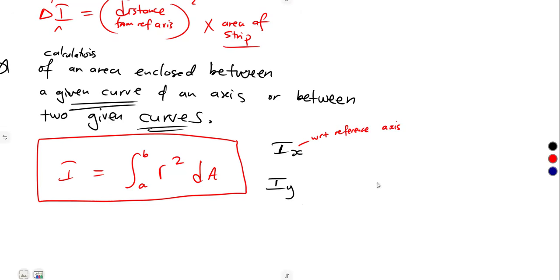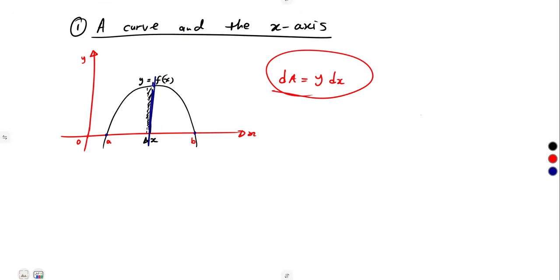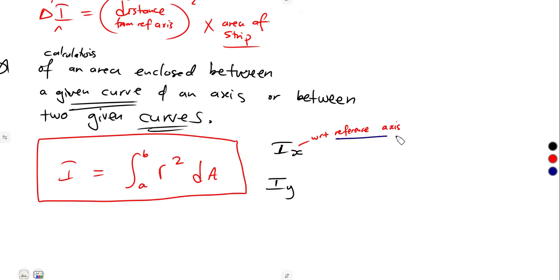So what happens is that when you are to calculate the second moment of area with respect to x, you must consider the representative strip there, what you are given on the strip. Is the strip that you are given parallel to the reference axis? When I talk about now together, is the one that you're calculating there.